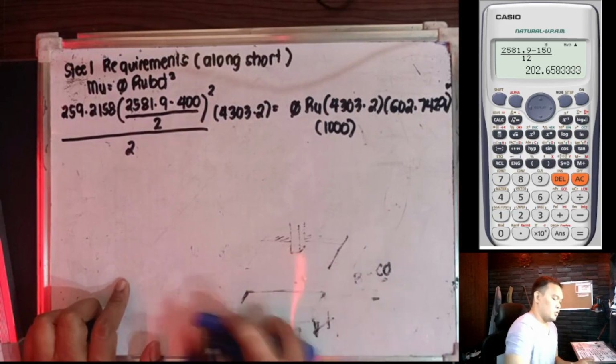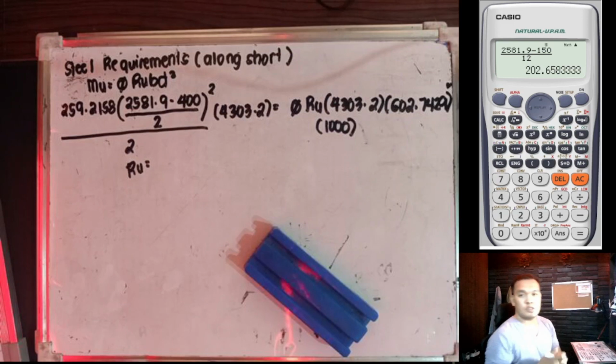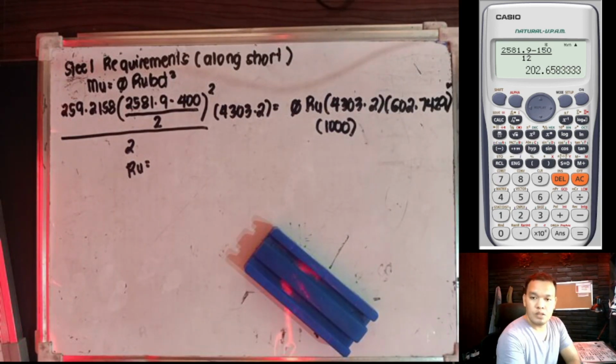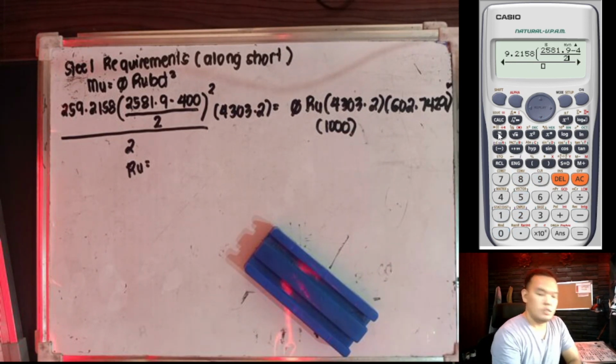Okay? So we have here RU is equivalent kay, solve natin. We have 259.2158 multiplied by 2581.9 minus 400 divided by 2 quantity squared divided by 2. Then, hindi ko na isusulat ulit yung 4,000.